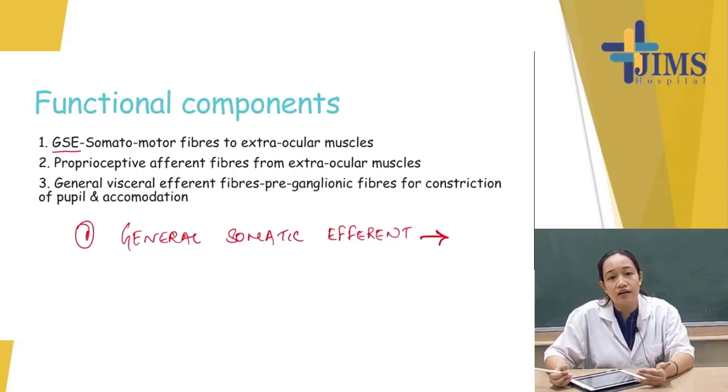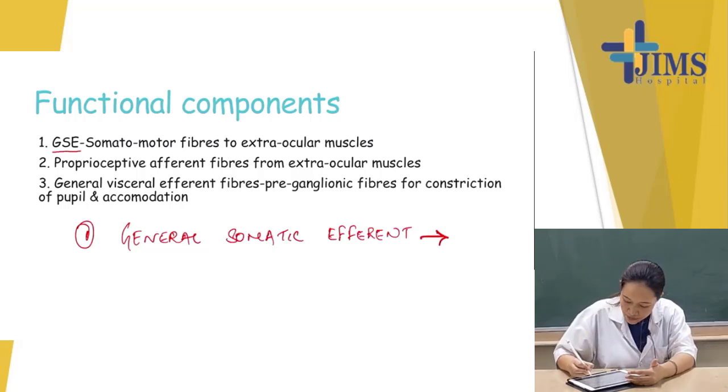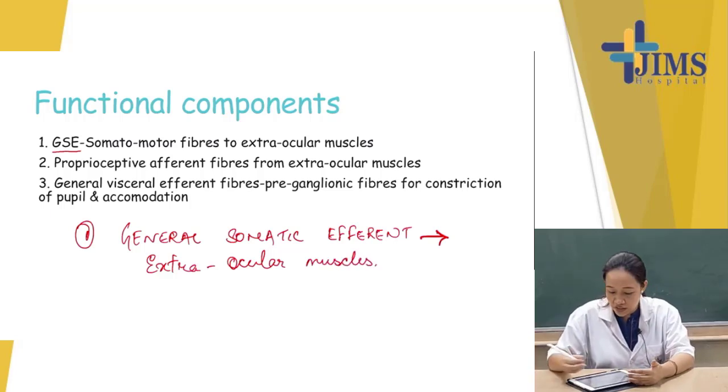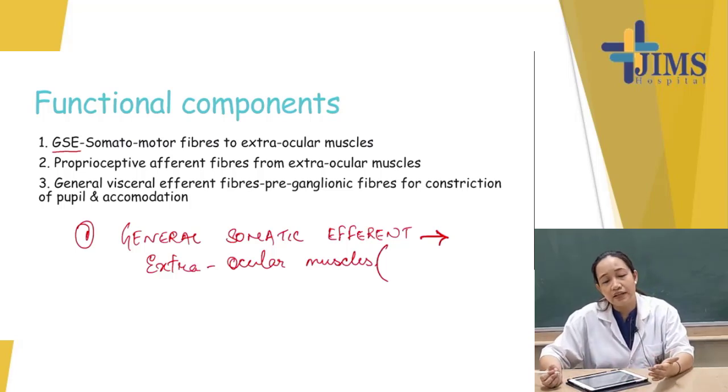So what are the skeletal muscles here in this case? They are the extraocular muscles. So the general somatic efferent fibers are for the extraocular muscles, right. I have told you that the oculomotor nerve supplies all the extraocular muscles except superior oblique and lateral rectus.